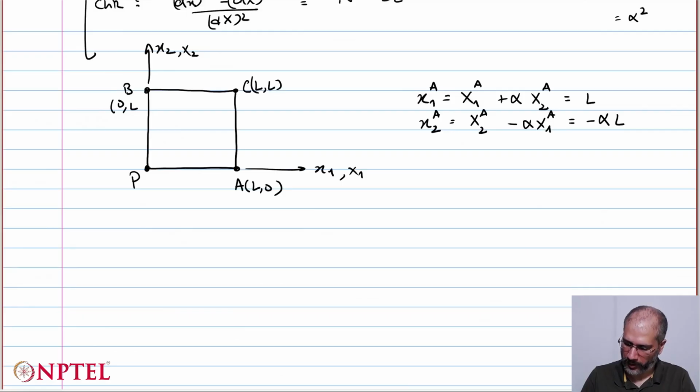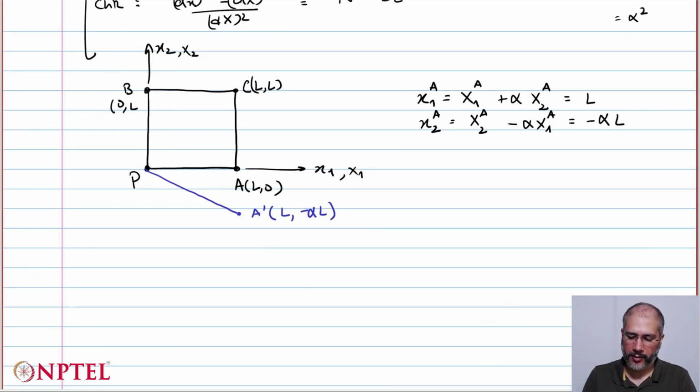So this point A becomes A prime now after deformation, and the coordinates of A prime in the spatial configuration are L comma minus alpha L. So it goes down, as we can see. So this element PA becomes PA prime.